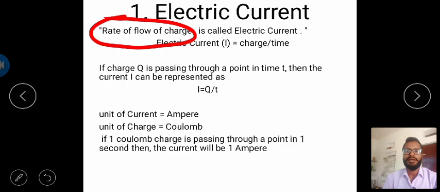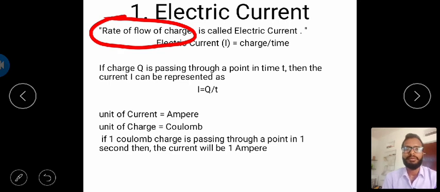Rate of flow of charge means the amount of charge which is flowing through a particular point in a conductor or in a wire in a given particular time. Suppose there are 5 coulomb charge is passing through a particular point in a wire in 5 seconds. Then we can calculate the electric current easily.